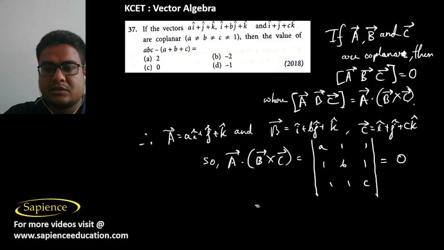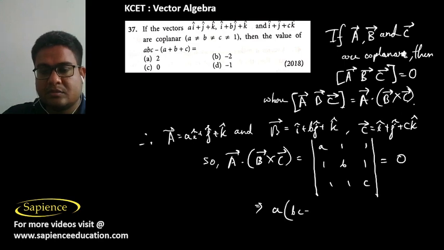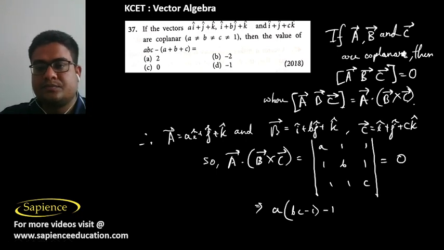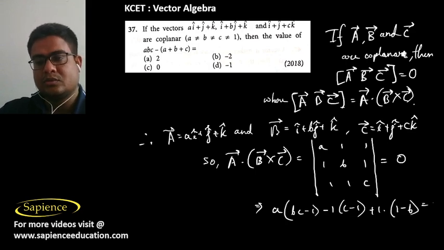If we expand this determinant along the first row, we get a into (bc minus 1), minus 1 into (c minus 1), plus 1 into (1 minus b), that should be equal to 0.